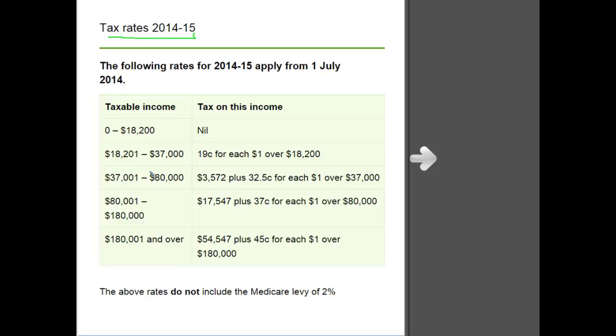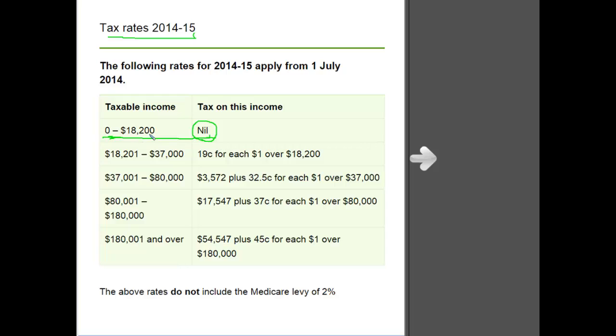Basically, everybody in Australia who earns their first $18,200 in income every financial year pays no tax. Nil means no tax.